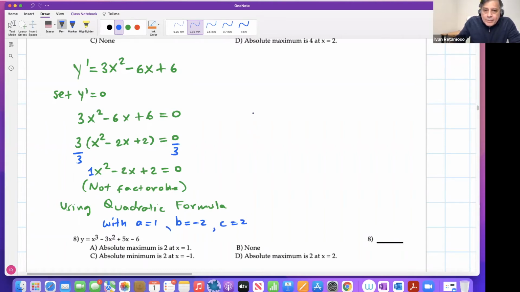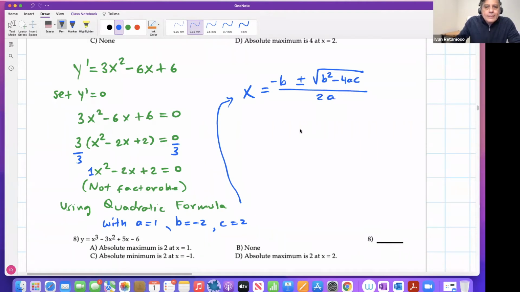Look what's going to happen. x equals minus B plus or minus the square root of B squared minus 4AC, over twice A. This is what the quadratic formula tells us to find a solution.